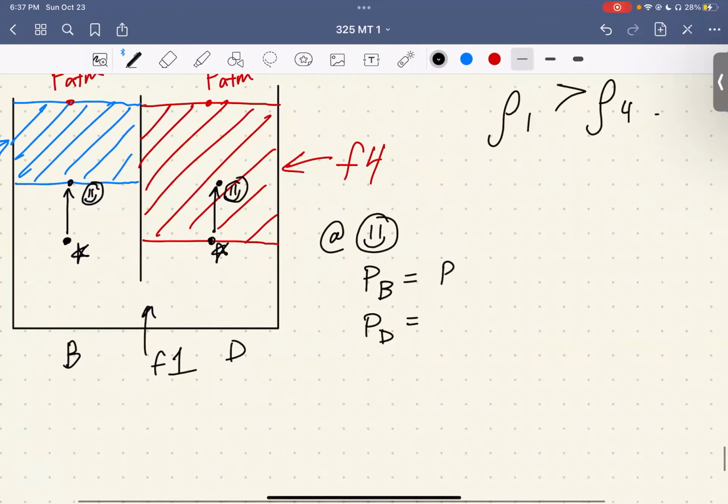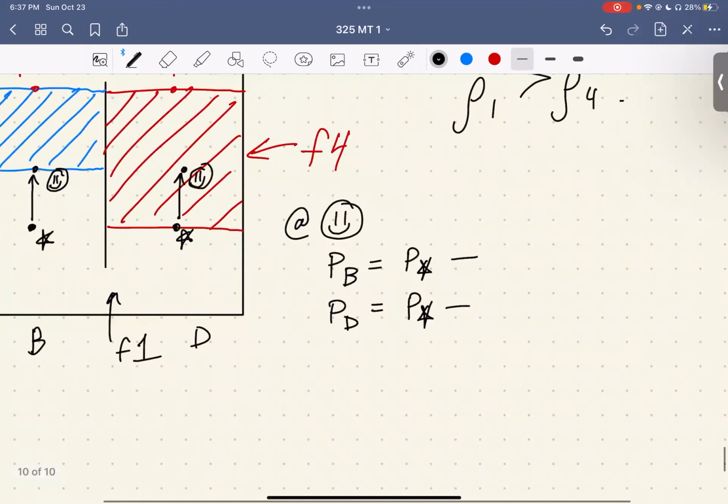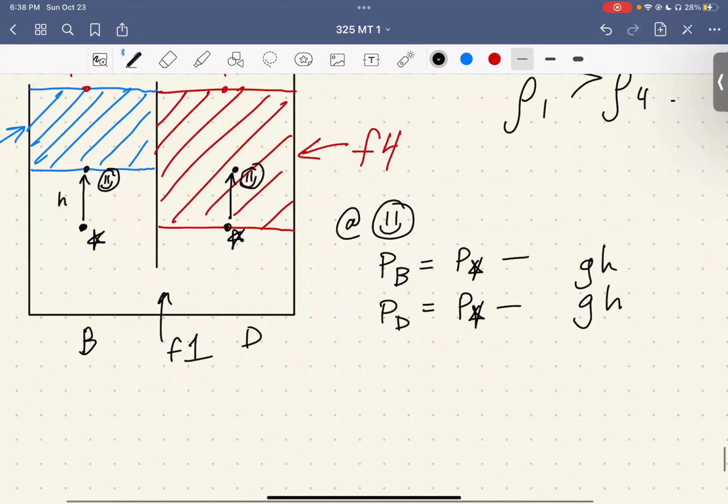We have P star, we know P star is the same. Now we have minus, since we're going up, and we have the same height. I'm going to say this is height 1. Height 1, we have rho 1, we have fluid 1, and this right here is fluid 1, and we have rho 4.